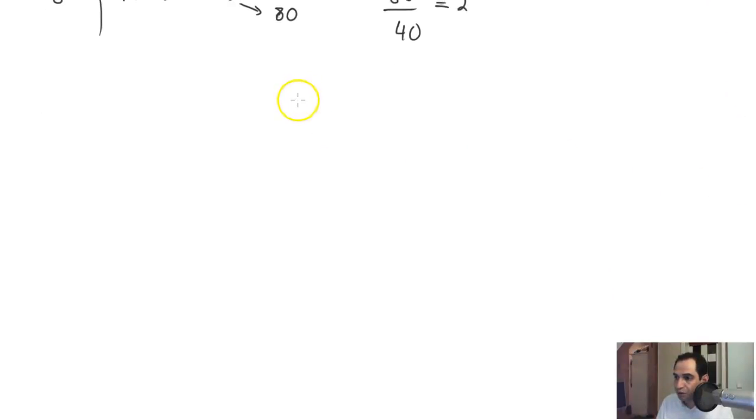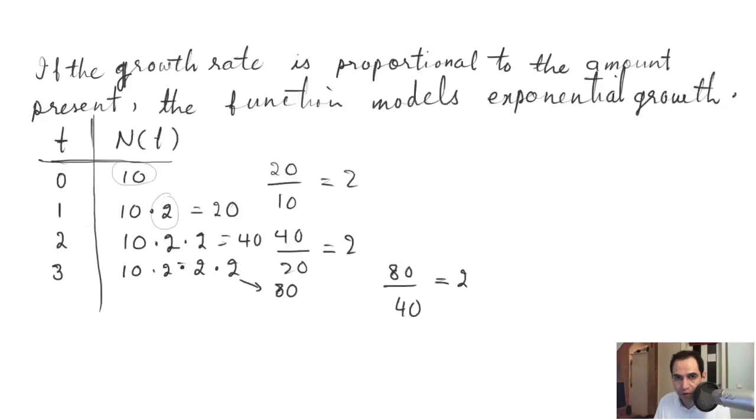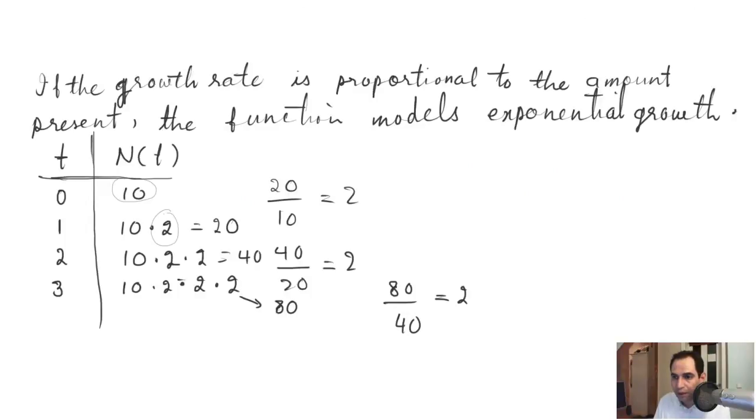Here the exponential growth, defined in a formal way, is that a function that models exponential growth grows by a rate proportional to the amount present, as we saw over here.